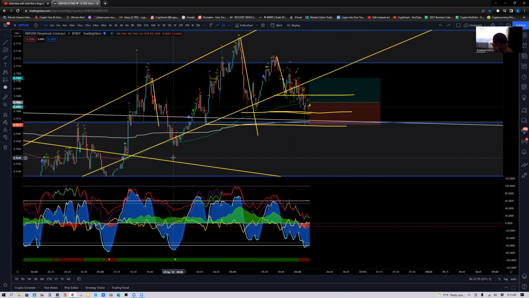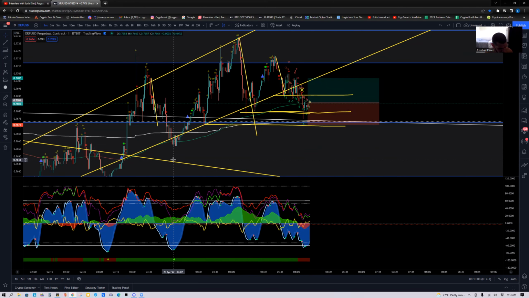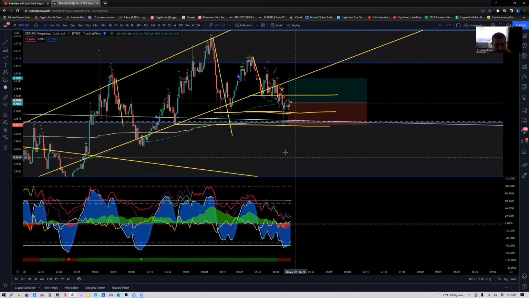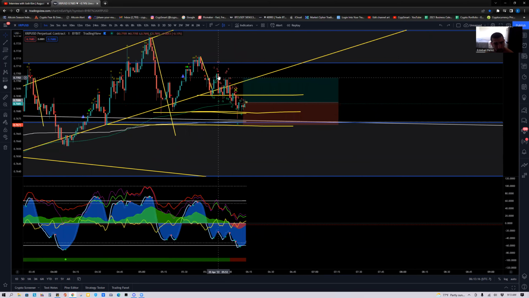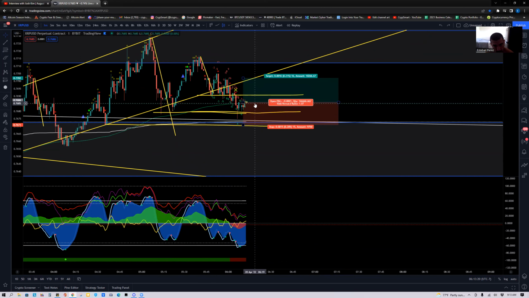Test clusters. What do we got here, guys? Could we break that trend line? Do a little W head and shoulders pattern out.